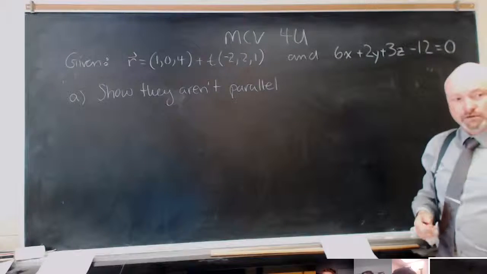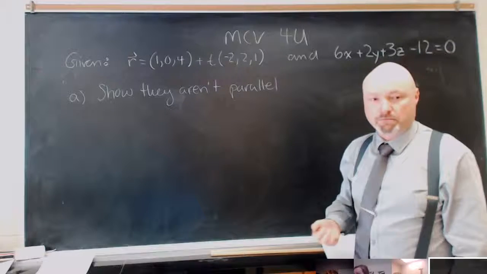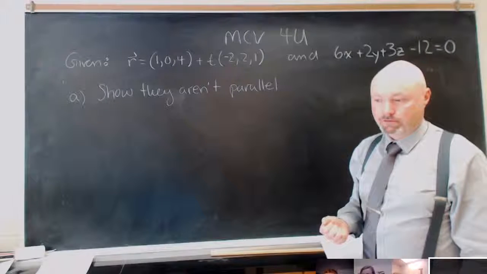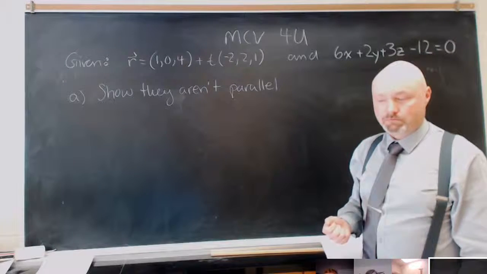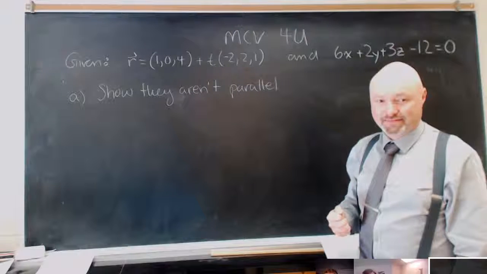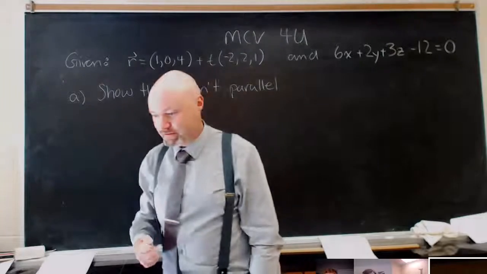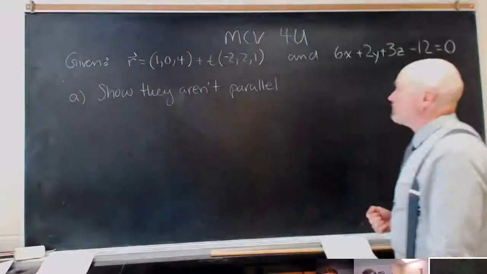There's actually an easier way. Any ideas how we could do it a little bit easier, show that they're parallel? Meg, any ideas? No? Could it have something to do with the slope? Yeah.